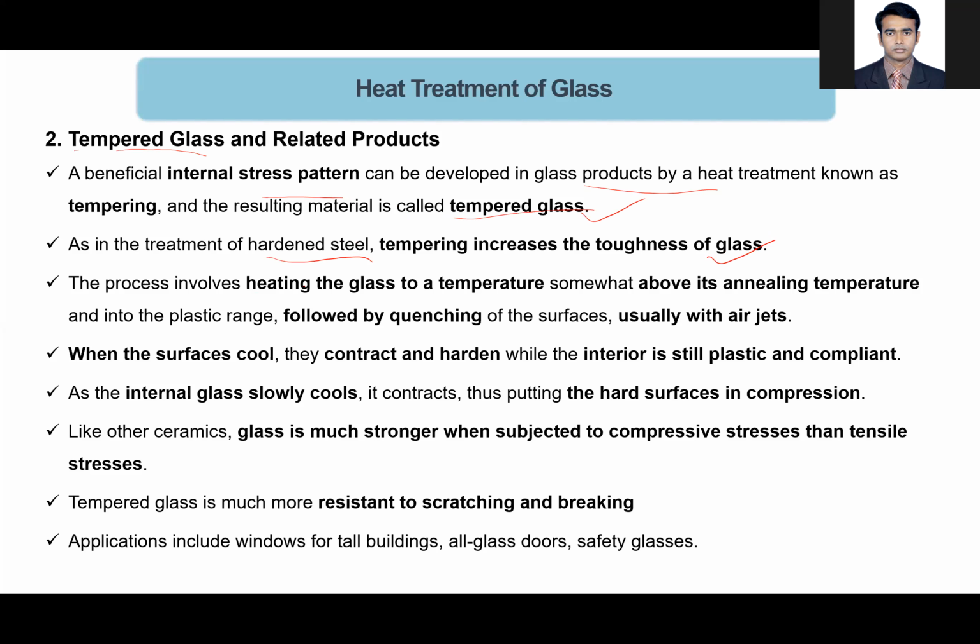The process involves heating the glass to a temperature above the annealing temperature, and then quenching the surface, usually with an air jet. That's what I was telling. You raise the temperature to more than 500 degrees Celsius, keep it at that temperature for some time, and then you quench it. That means you remove the heat quickly.